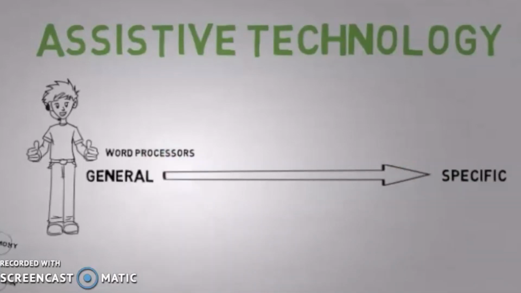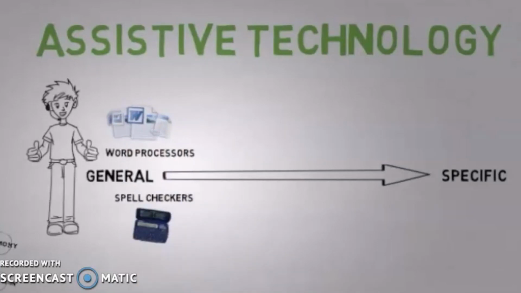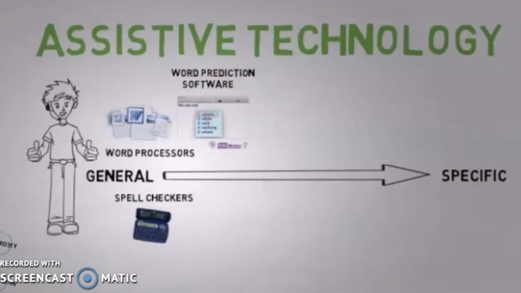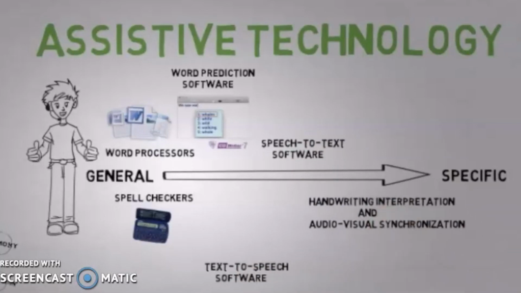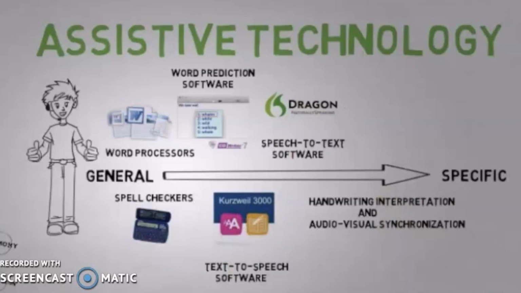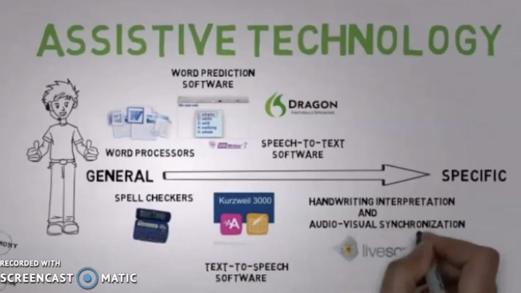From standalone word processors, spell checkers, and word prediction software, to more sophisticated programs which merge general tools with capabilities like speech-to-text, text-to-speech, handwriting interpretation, and audio-visual synchronization. Some examples of these tools include Kurzweil 3000, Dragon Naturally Speaking, and the LiveScribe Smart Pen.